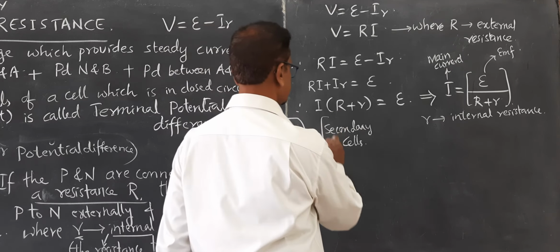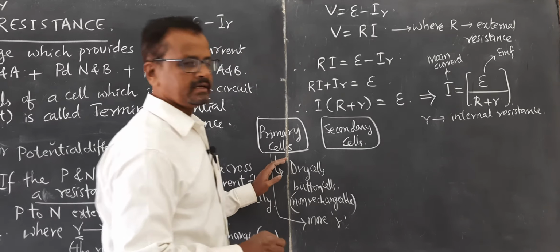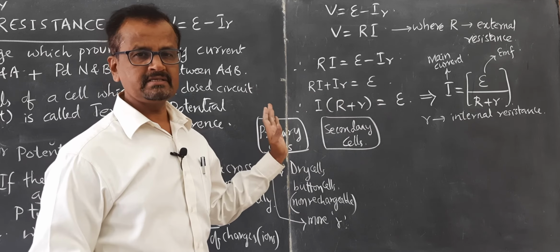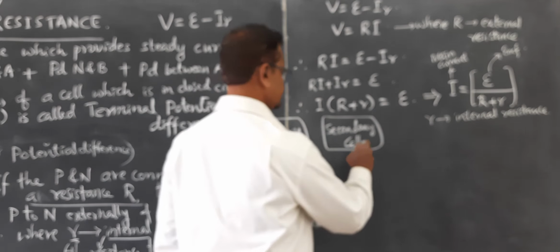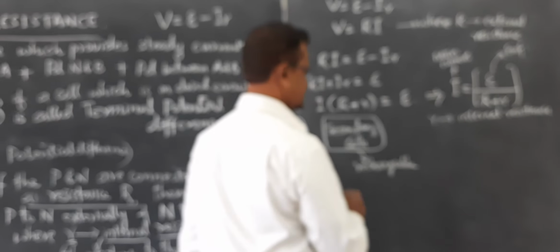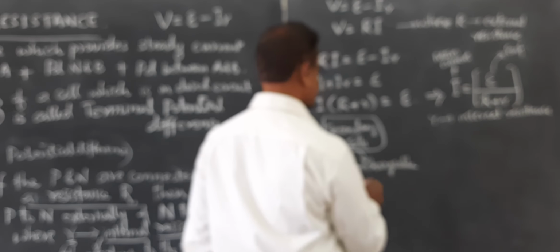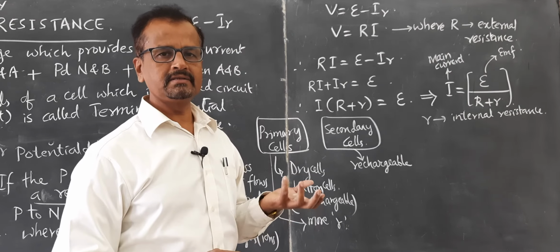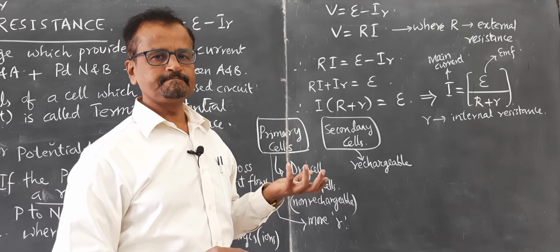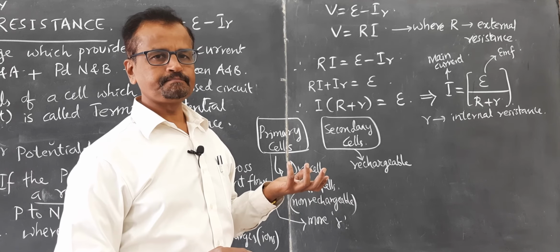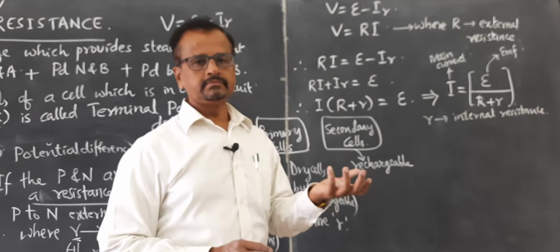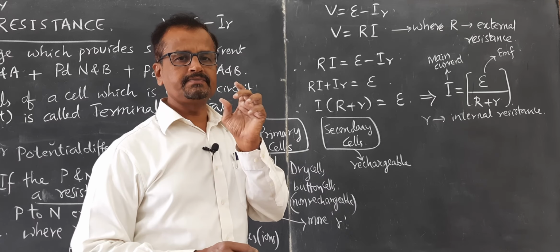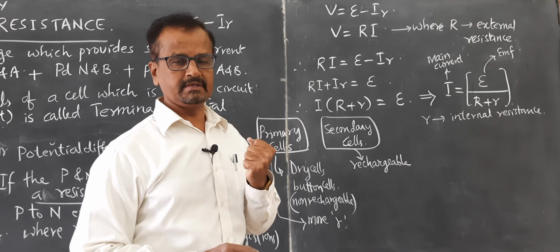Then what are secondary cells? Definitely from the meaning, rechargeable cells or batteries are called secondary cells, like our mobile battery. It is rechargeable, right? And some nickel cadmium cells which are used for camera are also rechargeable.